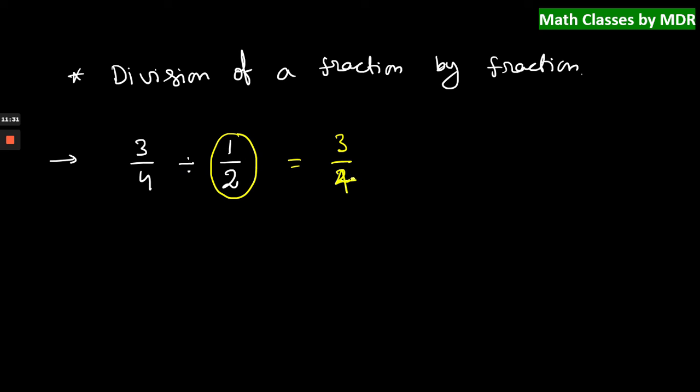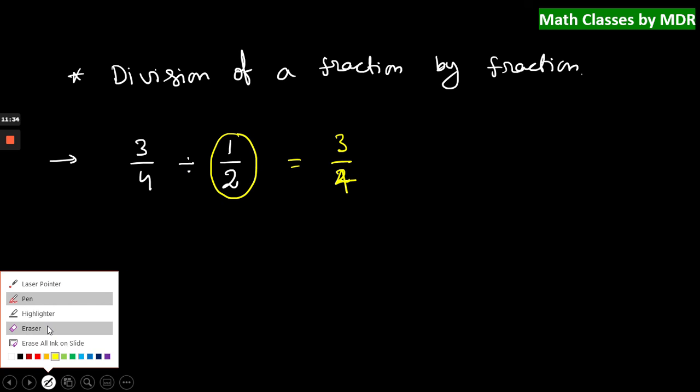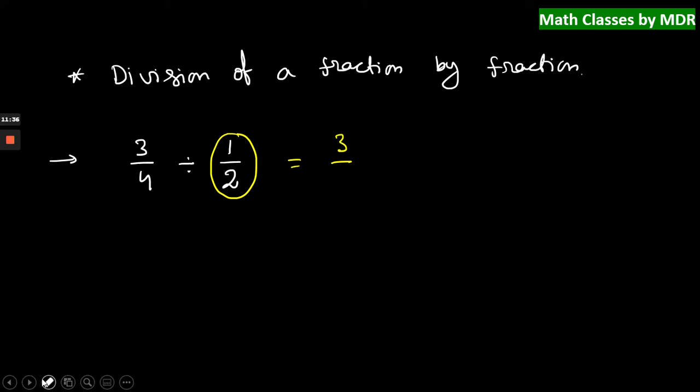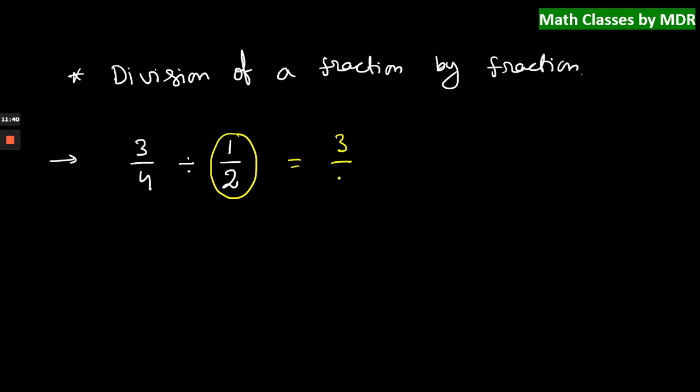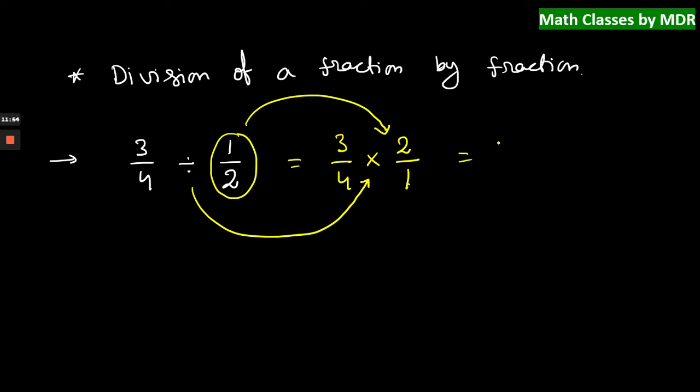So that means this division will be multiplication when you take the reciprocal of 1 by 2. What is the reciprocal of 1 by 2? 2 by 1. So we take the reciprocal, 2 by 1, and we convert the division into multiplication. That's it. So we know multiplication, right? 3 into 2 by 4 into 1, which is equal to 6 by 4, which is equal to 3 by 2. Very simple.